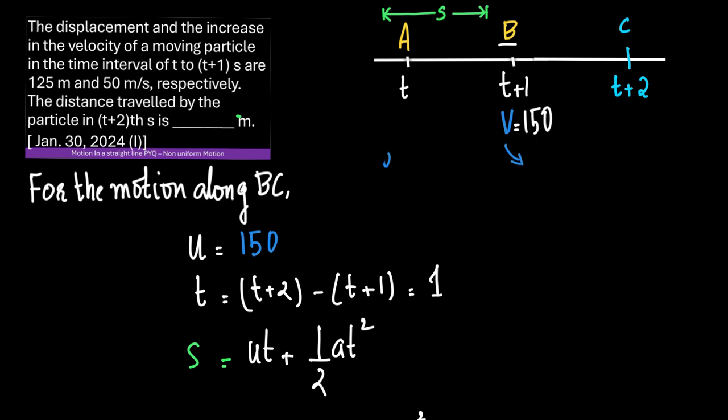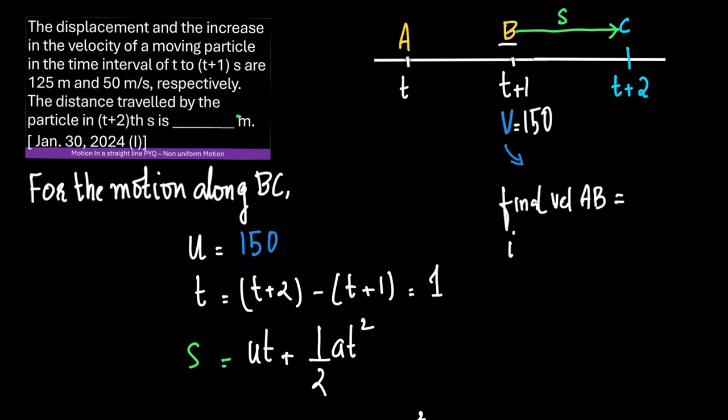Now, let us consider the motion along BC. So here the displacement is s. The initial velocity would be the velocity at B. Let me just write it down here. The final velocity for AB will be equal to the initial velocity for the motion along BC.